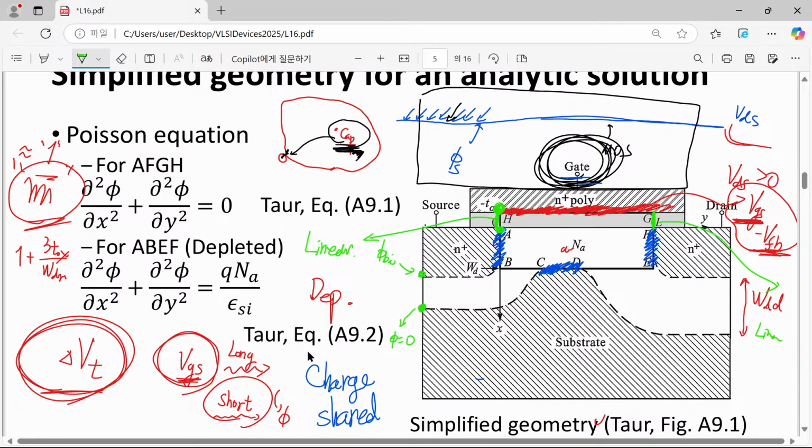What does it mean built in? Depending on the doping density in the N plus region and substrate region, we will have the value. For example, here we will have minus phi b as the electrostatic potential, and here we will have the ln of Nd normalized by intrinsic carrier density, kBT over q.